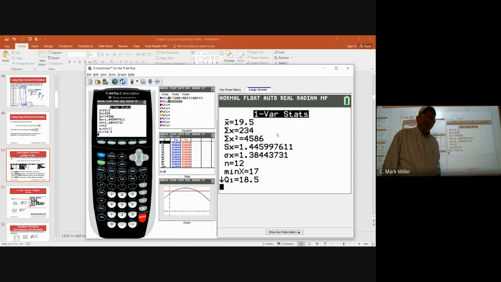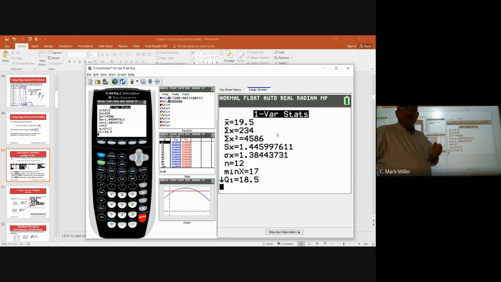Why does it give me 2? Because the calculator doesn't know if those 12 data values are from a sample or from a population. It doesn't know, but you know, right? So if you were to use the formula and treat it as a sample, you would divide by n minus 1 instead of n.